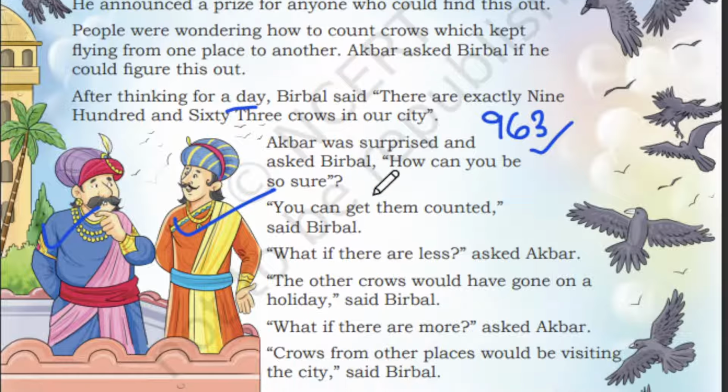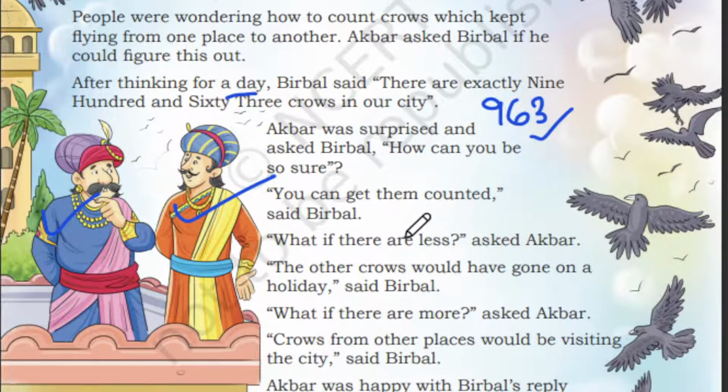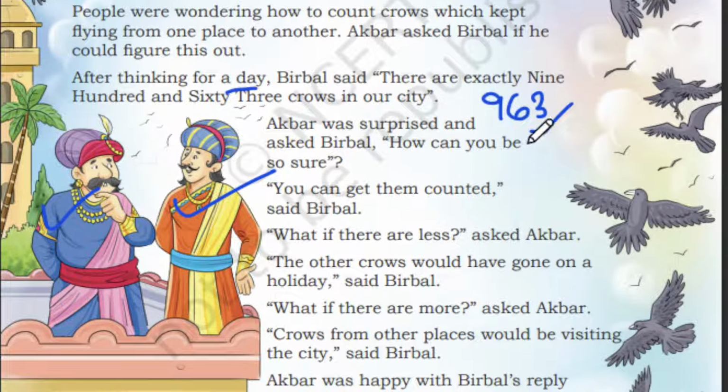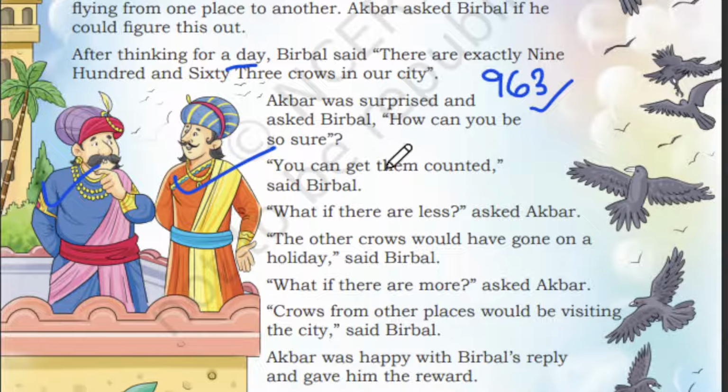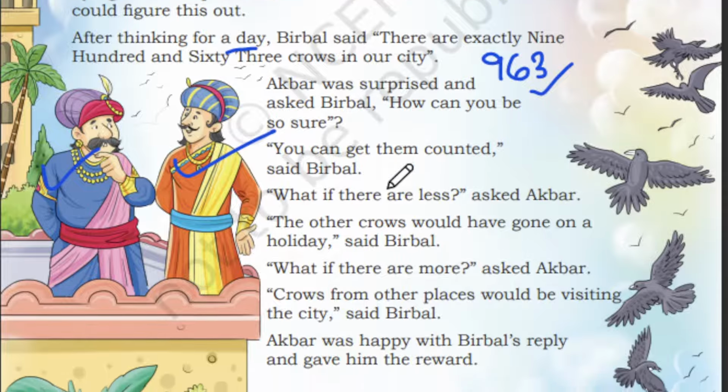Because the crows are flying from one place to another place, right? So Akbar was very surprised because of how Birbal found the exact count, which is 963. You can get them counted, said Birbal. So now Birbal is telling, if you are confused, you can go ahead and count them out.